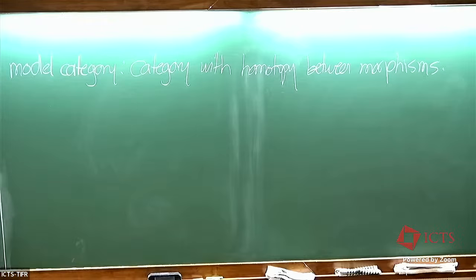If you think about model categories more from a categorical point of view, like yesterday you learned about localizations, localizations are trying to invert things, and you can also see model categories as a way of formally inverting some morphisms.